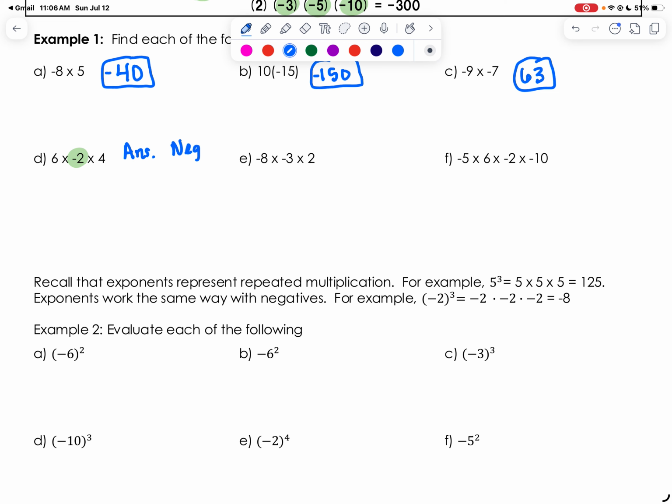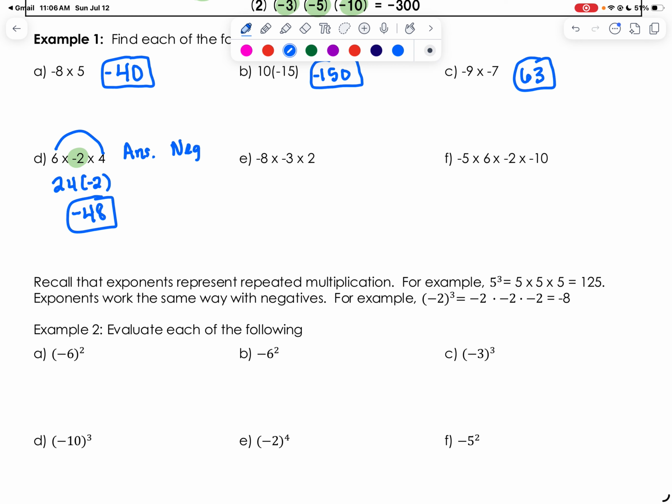All right. So if I multiply these numbers, now remember, you can multiply these numbers in any order you want to. So I'll just multiply the 6 and the 4 together first, and that would be 24 times -2, and that would be -48. All right.